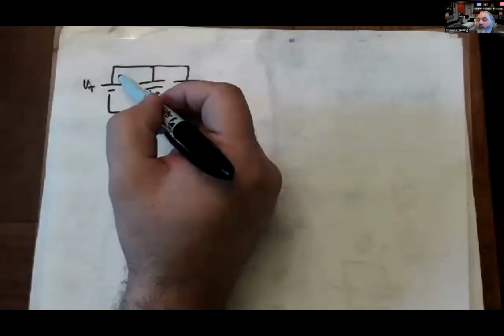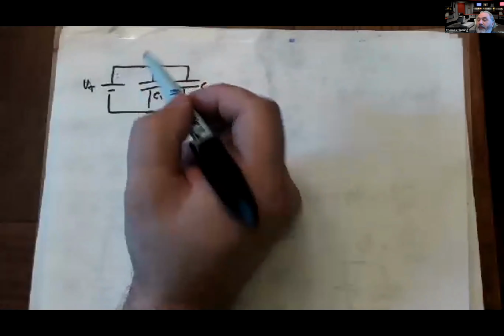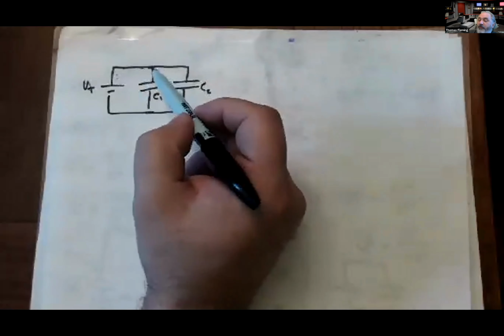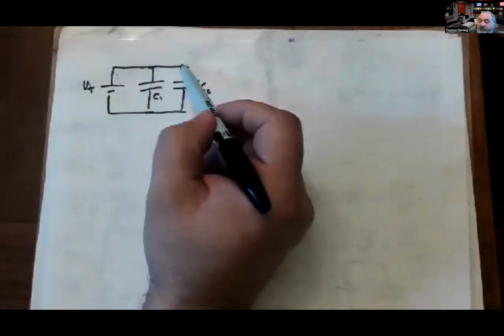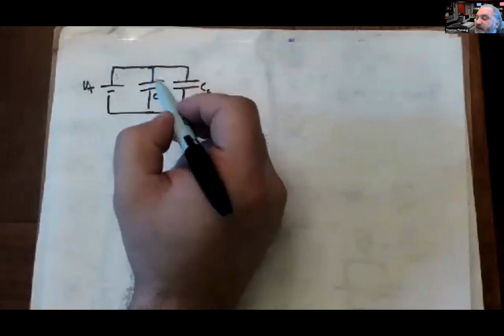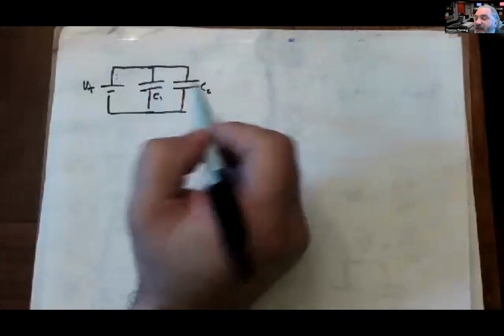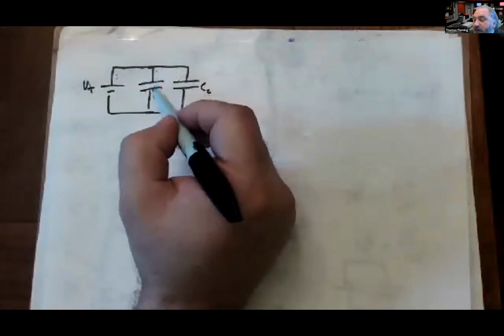I have charge leave this battery. So little electrons are coming out of this battery. They get right here. There's a place where there's a choice. The electrons could travel this way, or they could travel this way instead. What that means is that the charge that ends up on this capacitor doesn't actually have to end up on that capacitor.